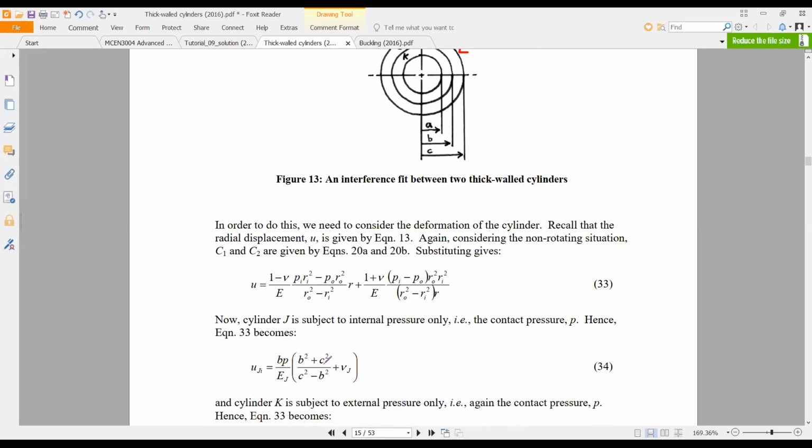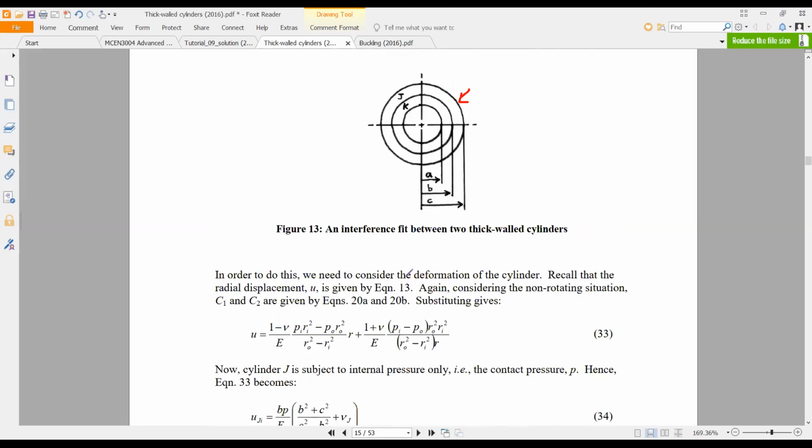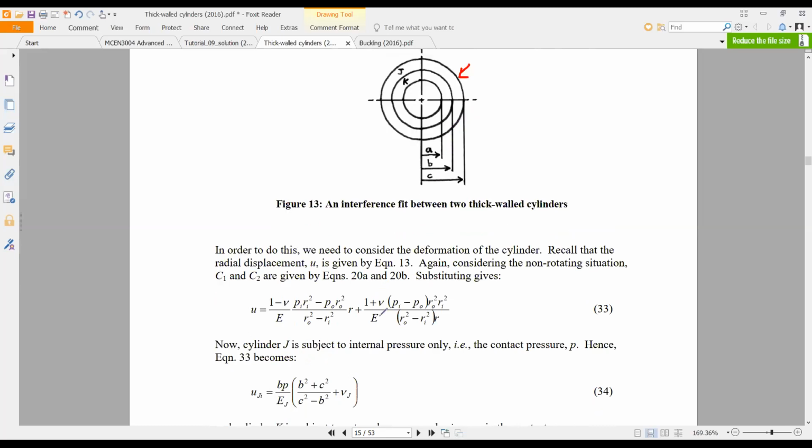Here B and C, sometimes you will see there is no B and C. Here B and C mean the boundary points, okay. So you know R naught of J is C, and B means Ri. You can see B and C here, and nu J and EJ come with this.